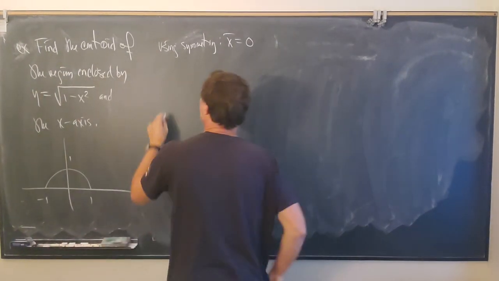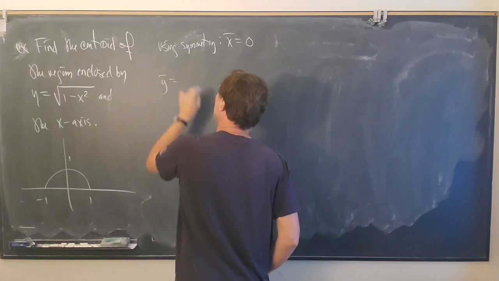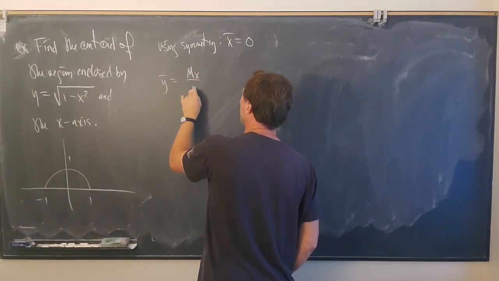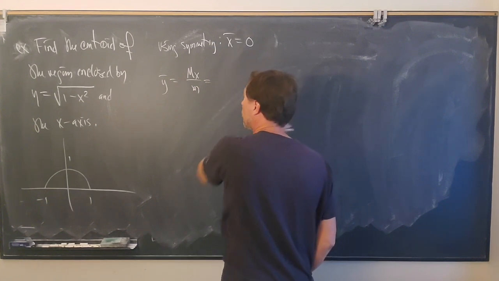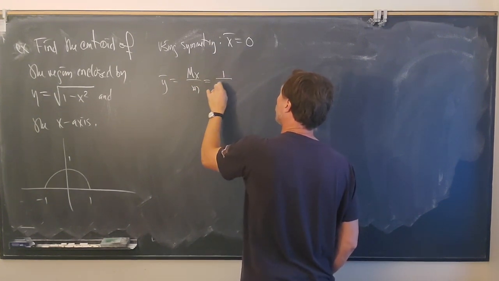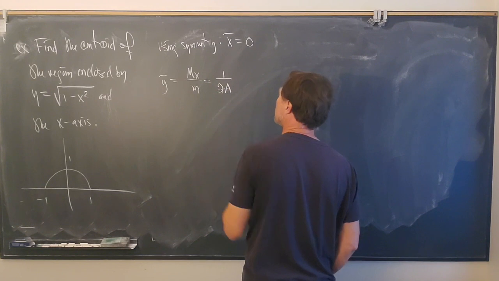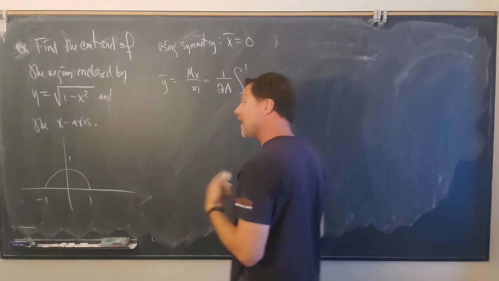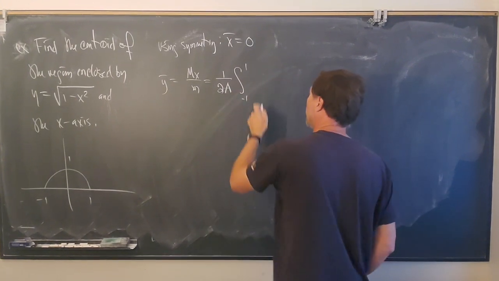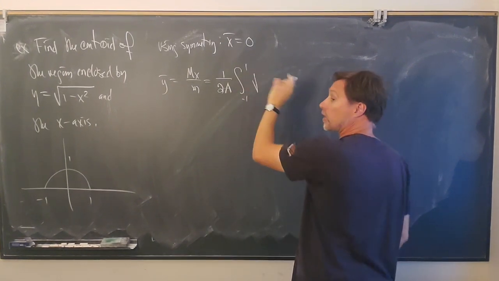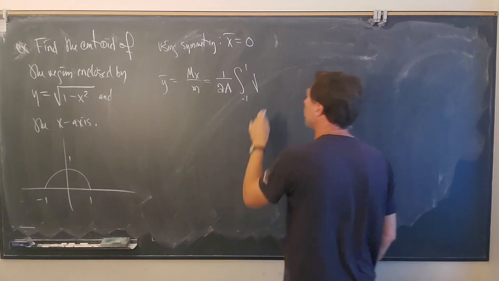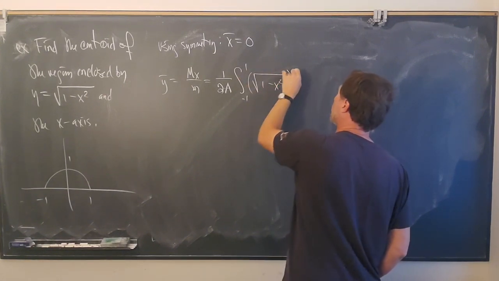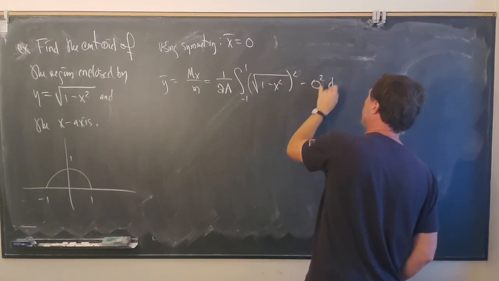Next, we need to compute y bar. Officially it's m sub x over m, but we know that is going to be 1 over 2A times the integral from -1 to 1 of top function squared minus bottom function squared. So it'll be 1 minus x squared, minus 0 squared, dx.